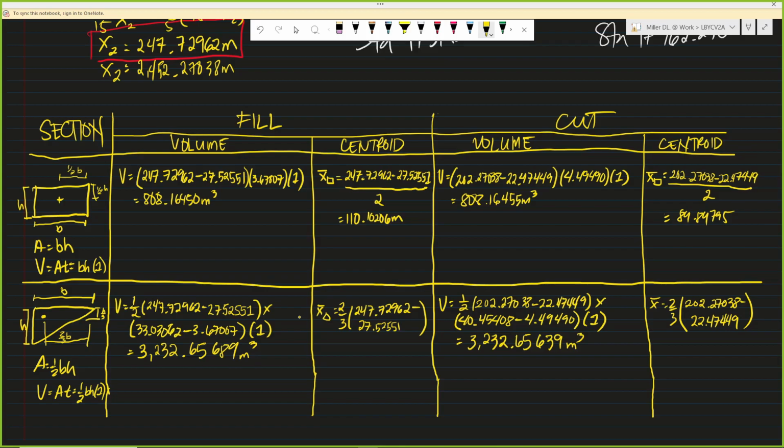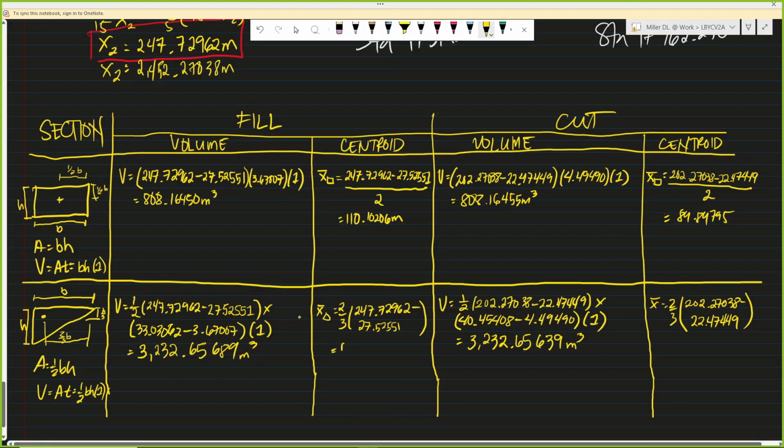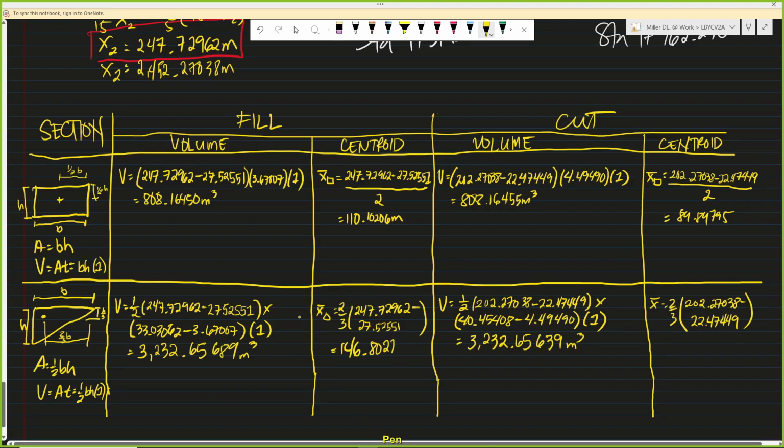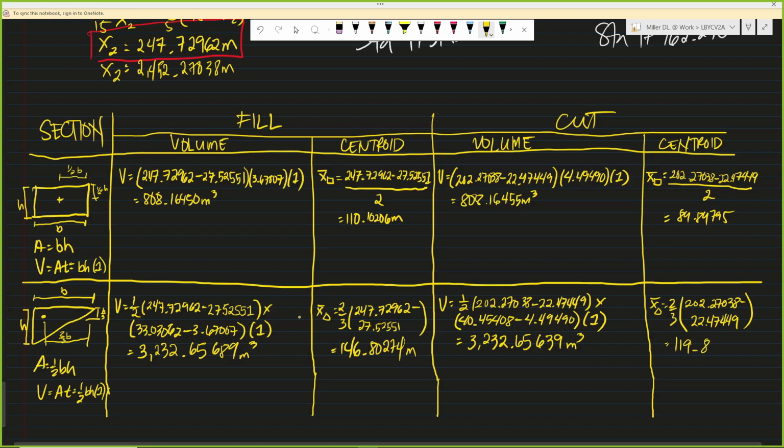We have 146.80274 meters, while the other x bar sa triangle is 119.86393.